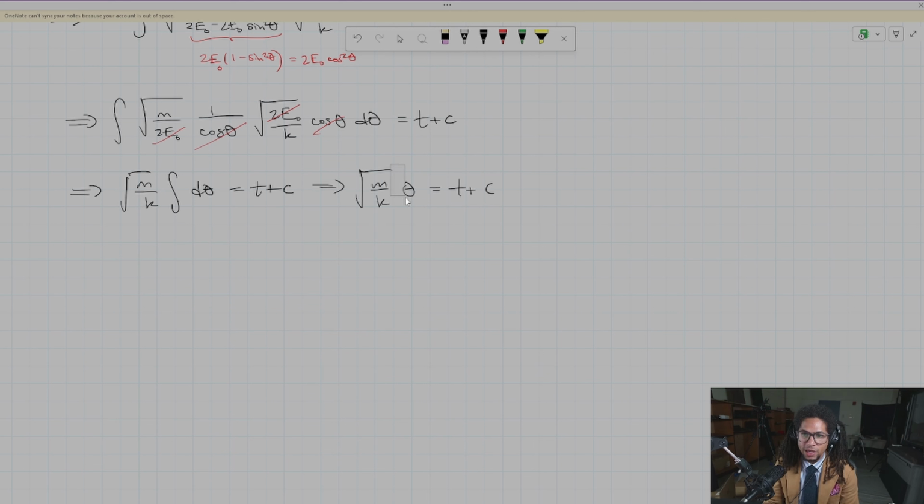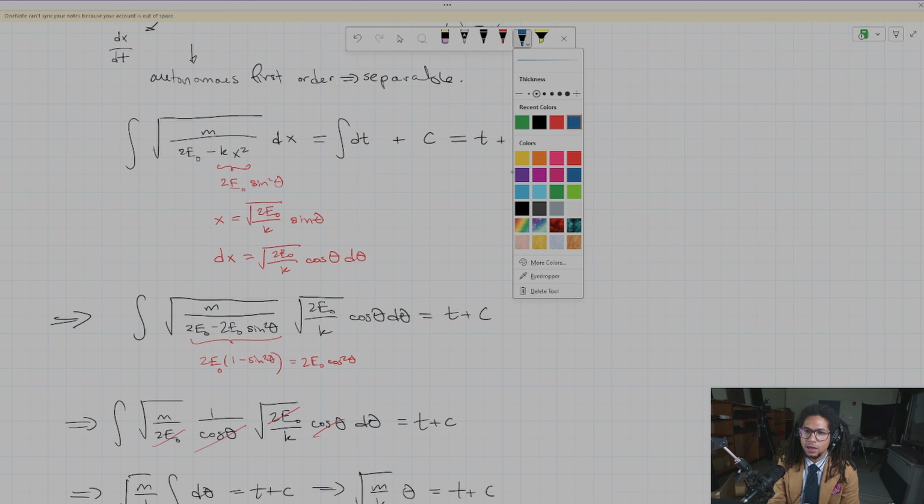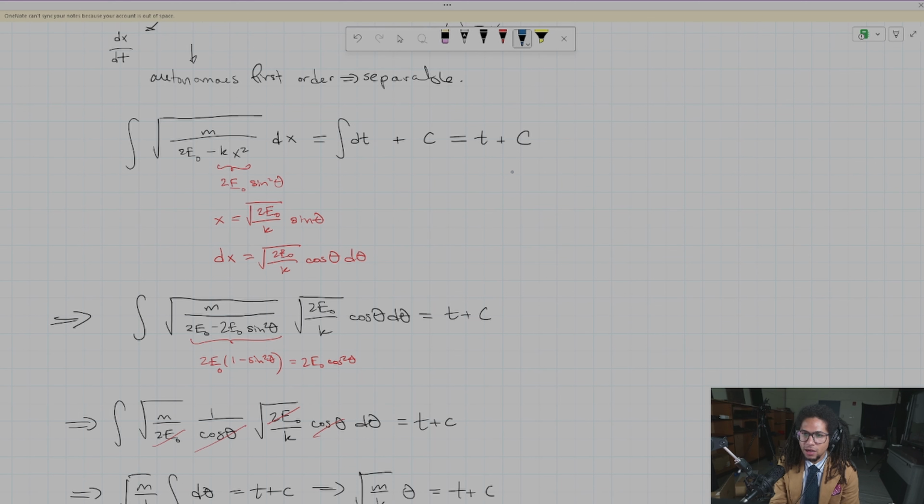Now we need to replace theta by exactly its definition here. So if x is equal to this factor times sine theta, that implies that sine theta is equal to root k over 2e naught times x, which implies that theta is equal to the inverse sine, the arc sine, of root k over 2e naught x.